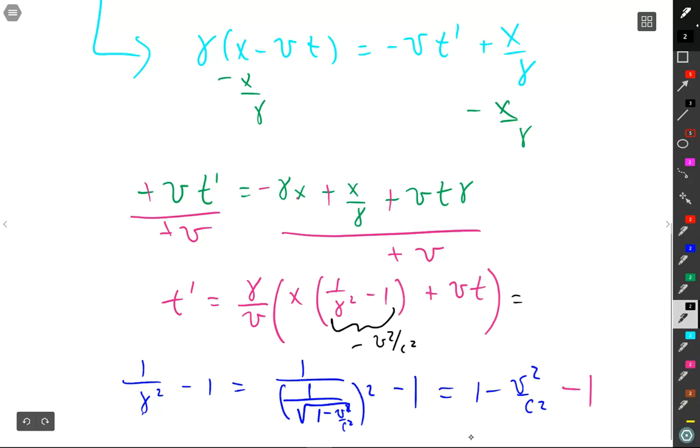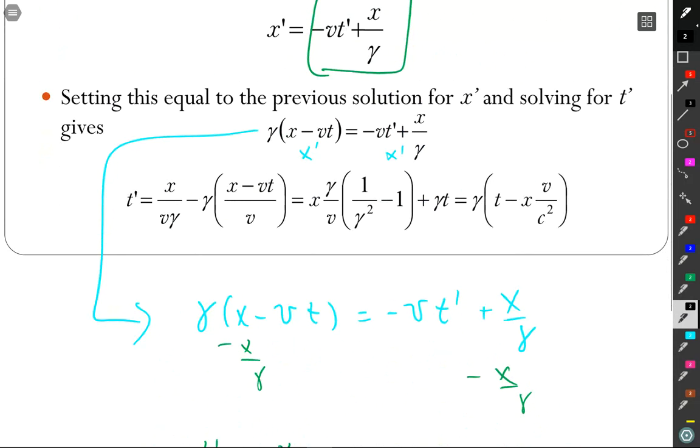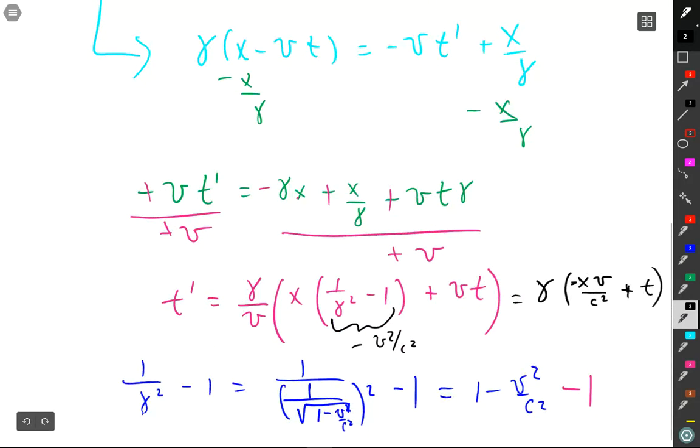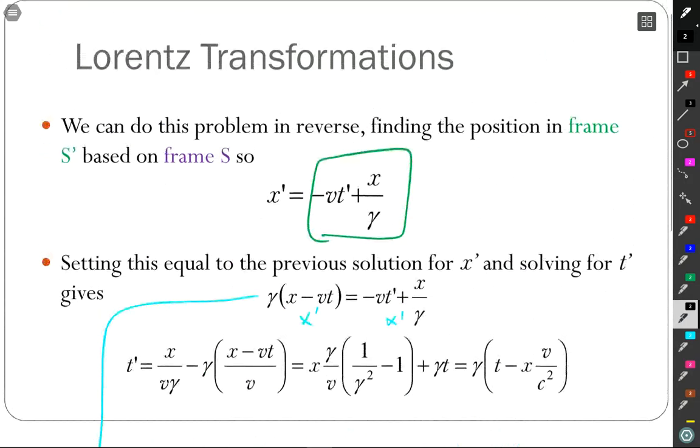That means this is equal to gamma. And now I'm going to bring the v in. Now I have it in the form I want. So coming up here, of course, this is the same thing except I reverse the order. I put the positive first, so I have the t minus.